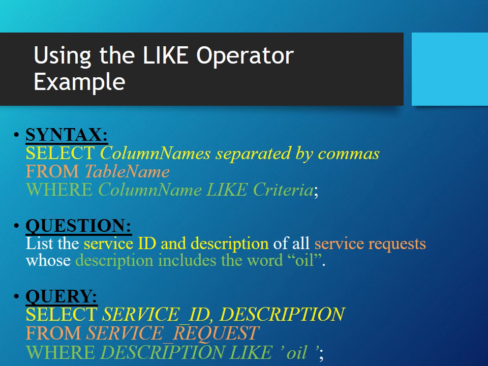So for our query, you will notice that we have select service ID, description from service request, where description is like ' oil ', pay special attention that there's a space before oil and after oil, so I'm only looking for the word oil.